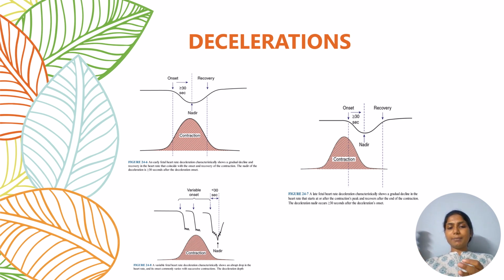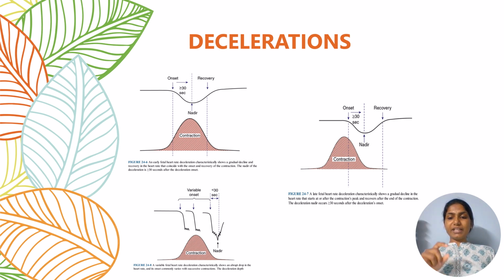Cord compression usually causes variable deceleration. Why is it variable? Because there is no consistent relationship between the nadir of the deceleration and the contraction, or the nadir of the deceleration is less than 30 seconds from the waning of the contraction. So this is called variable deceleration.